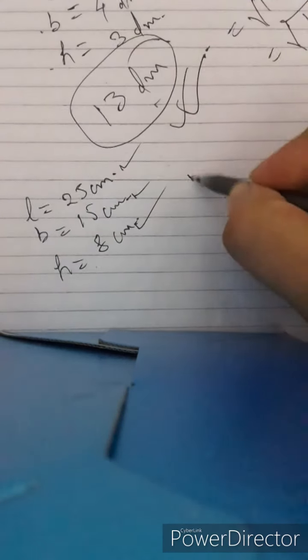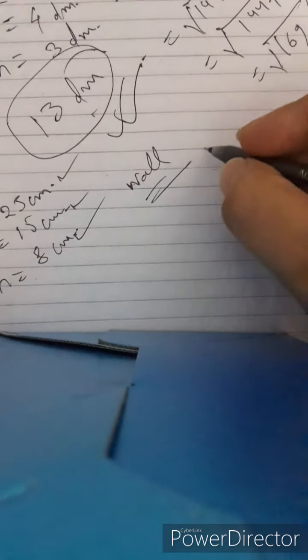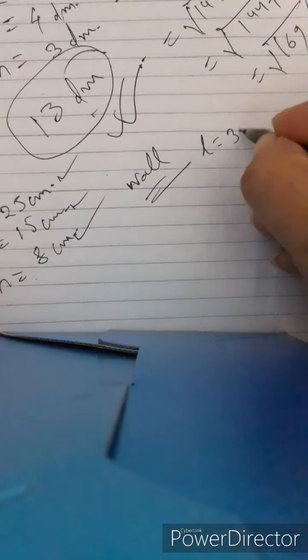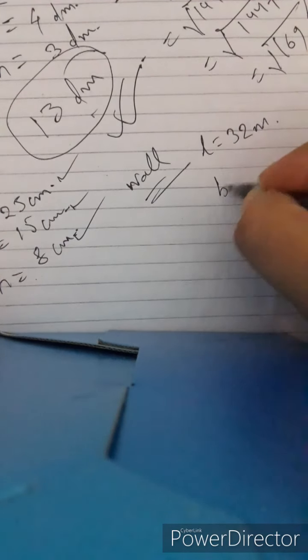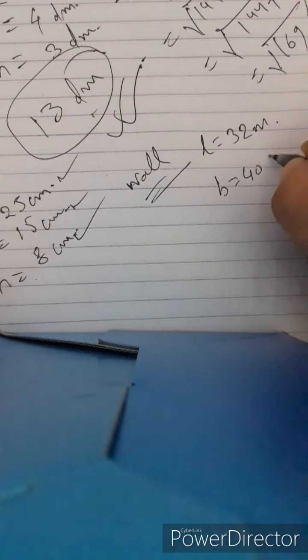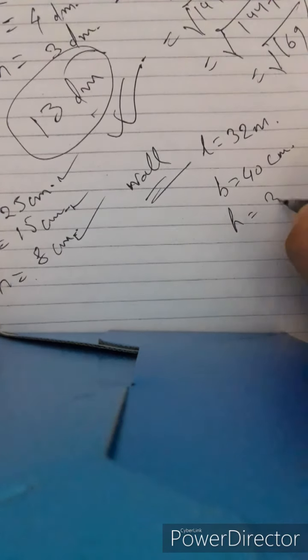The wall has length 32 meters, breadth 40 centimeters, height 3 meters.